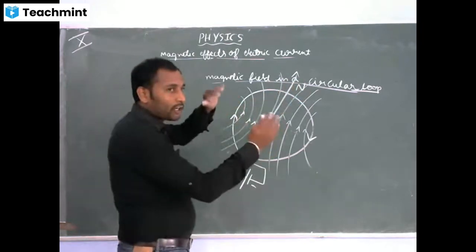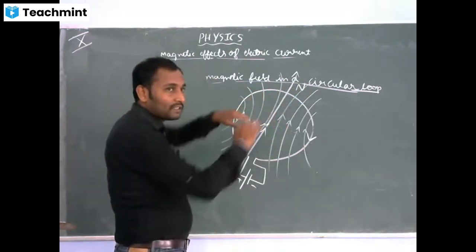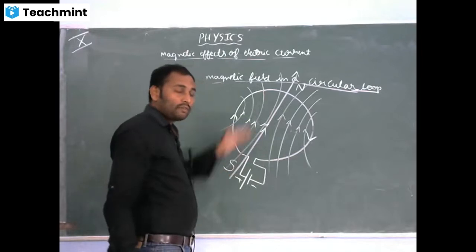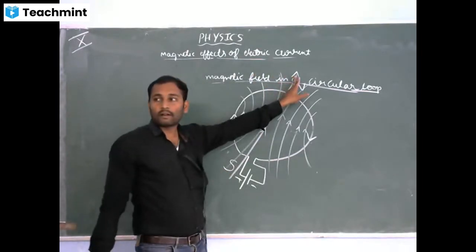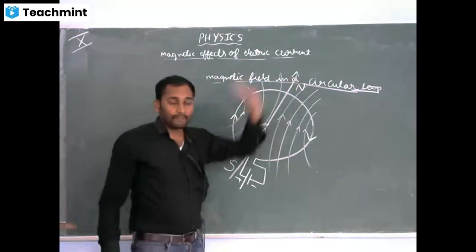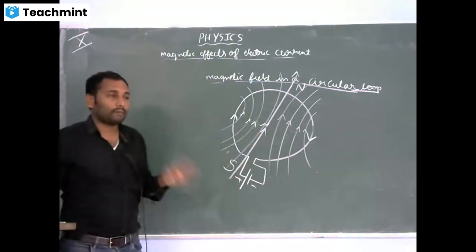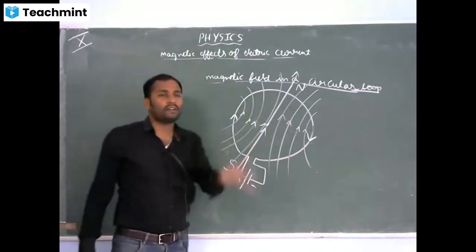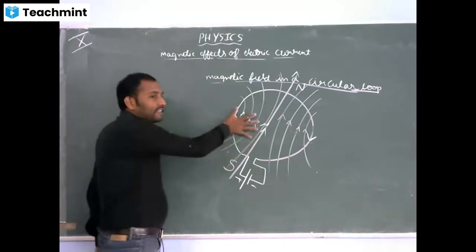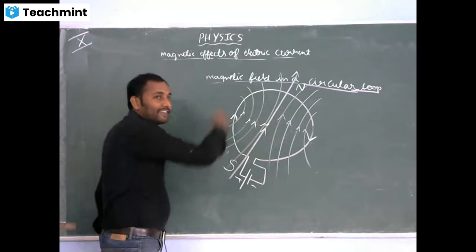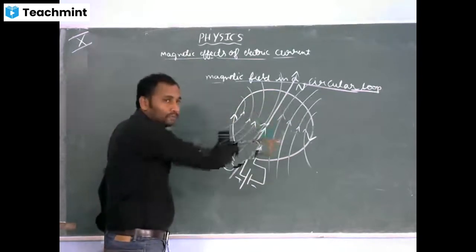Whichever side in the circular loop the magnetic field lines merge, that is south. Whichever side they emerge, that is north. Is it clear? Let me explain with the help of Maxwell's corkscrew rule, or you can take it as the right hand thumb rule. So we can determine the direction of magnetic field lines in the circular loop.